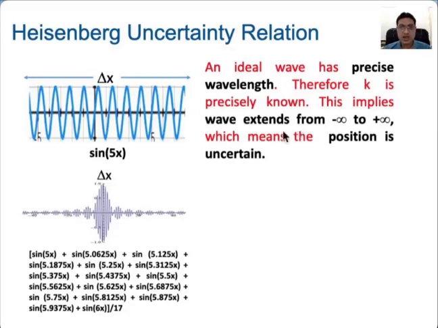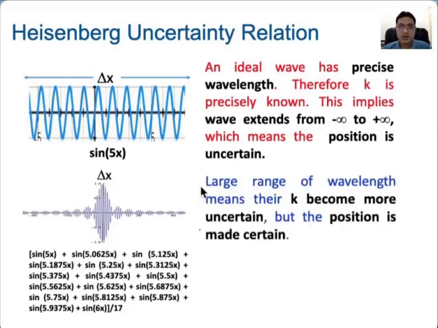Okay. So if your k is very well known, it means that the position is very ill defined. Now if you add many waves, here we have added 17 waves, it means that we have added a large range of wavelengths, so k becomes more uncertain. We don't know the value of k. k could be 5, 5.06, 5.12, 6, 5.9, anything.